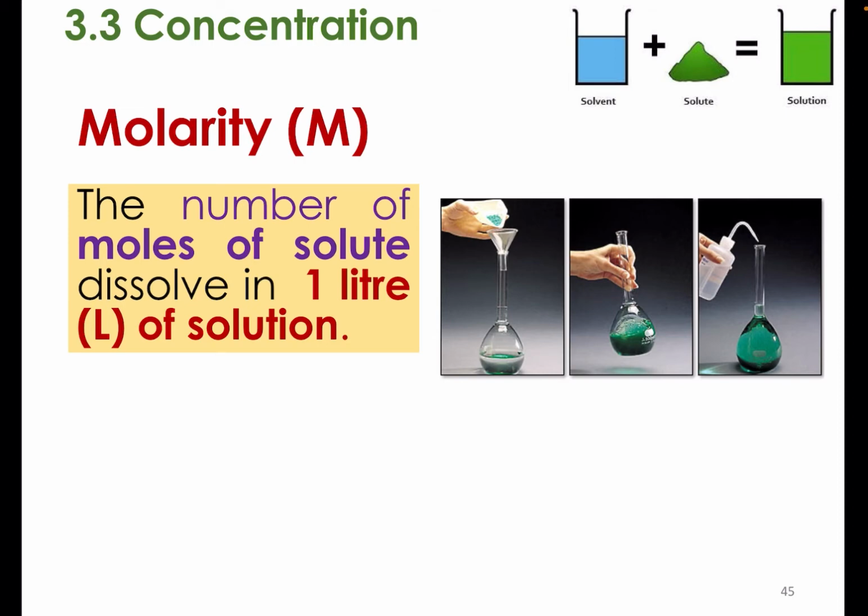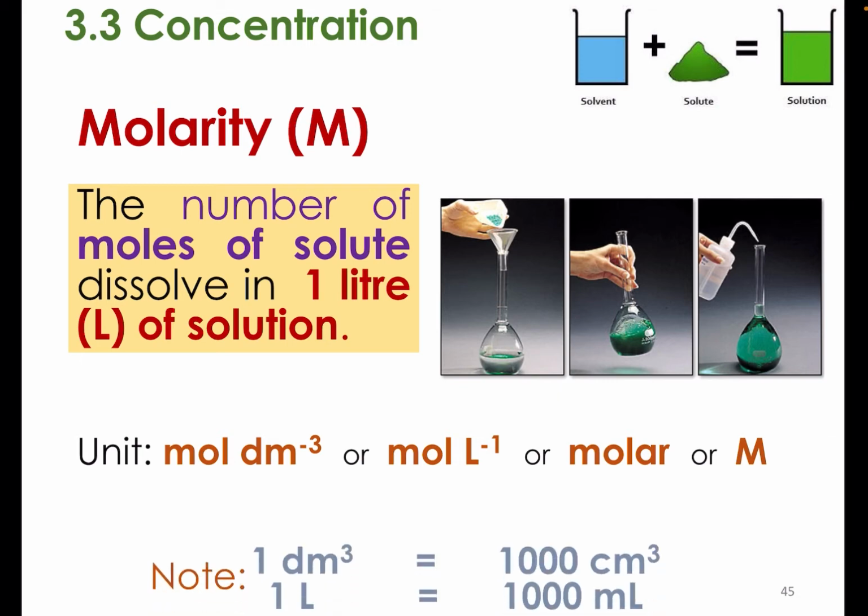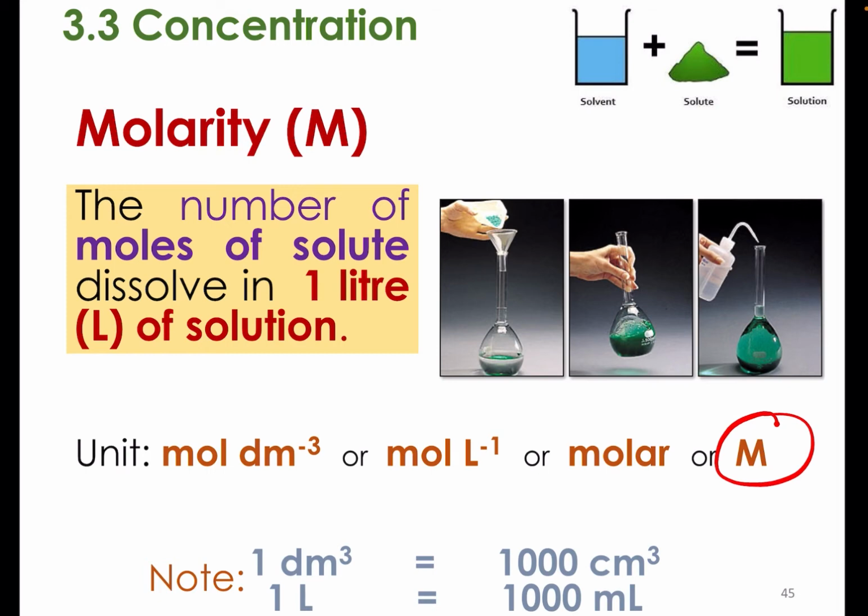Getting back to molarity. Molarity has its own unit, either mole per dm cube, or mole per liter, or molar, or capital M. Usually I prefer to use capital M or mole per dm cube. I rarely use molar, but it is also acceptable.